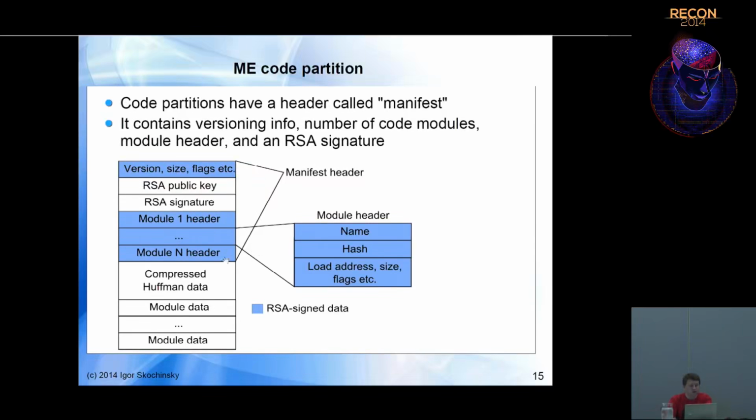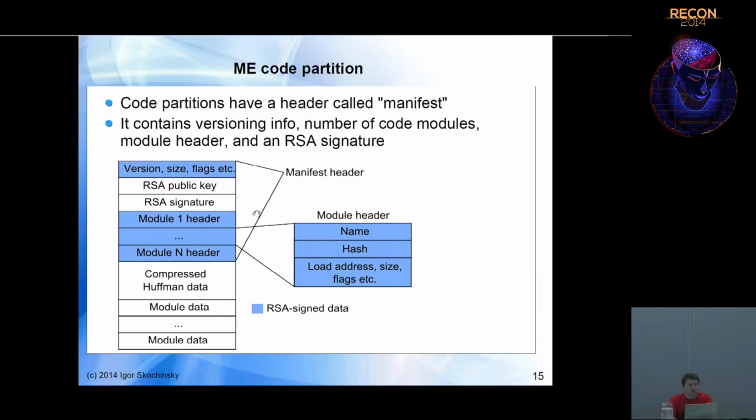And this whole header is actually signed with RSA. In the header you have the public key and signature, so that the boot ROM of the ME can hash the whole header, except the key and the signature, and try to decrypt the signature with the public key and see that it matches.